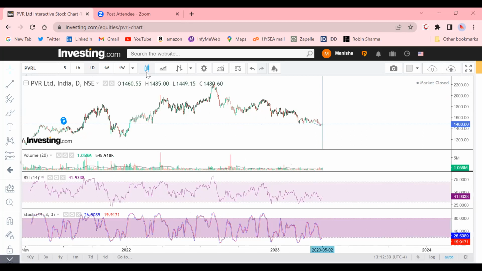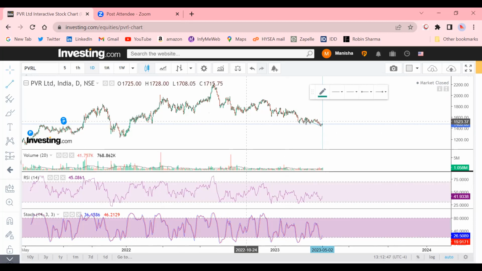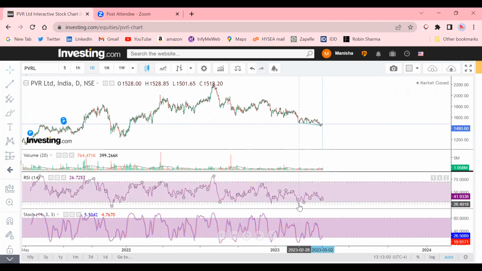At the same price point there is a low at 1480. Try to put a trend line here, because this is the trend. Same point here. I think you need to do one more selection.